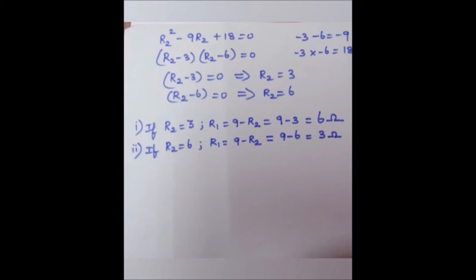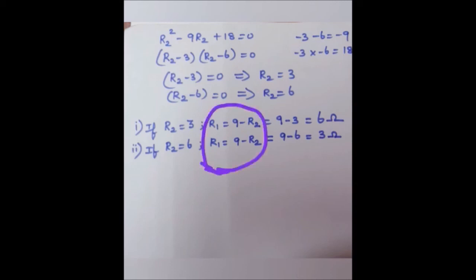If you factorize this, R2 minus 3 into R2 minus 6 equals 0. If R2 minus 3 equals 0, then R2 equals 3. If R2 minus 6 equals 0, then R2 equals 6.